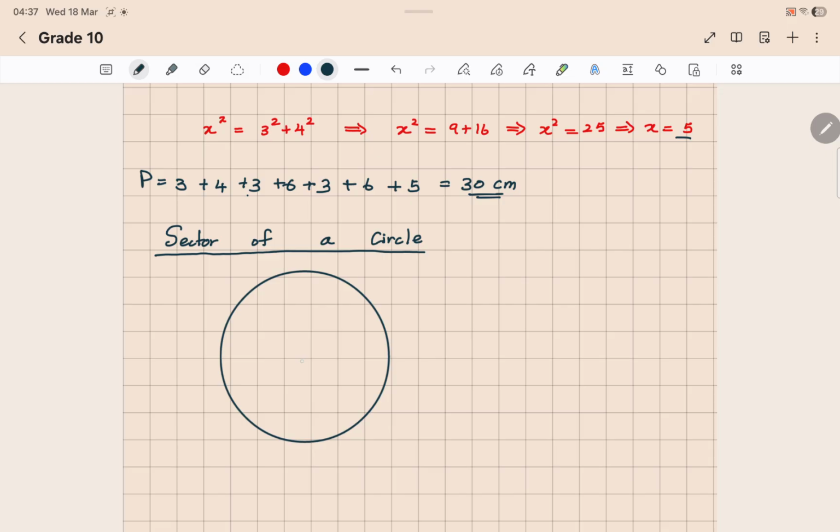Then this is the center, let me label it as O. From the center, let me draw these two radii. This is R, this is R. And this angle at the center, let me label it as theta.